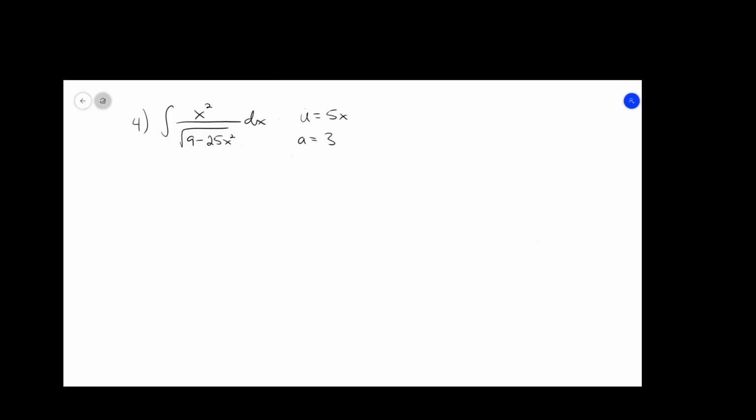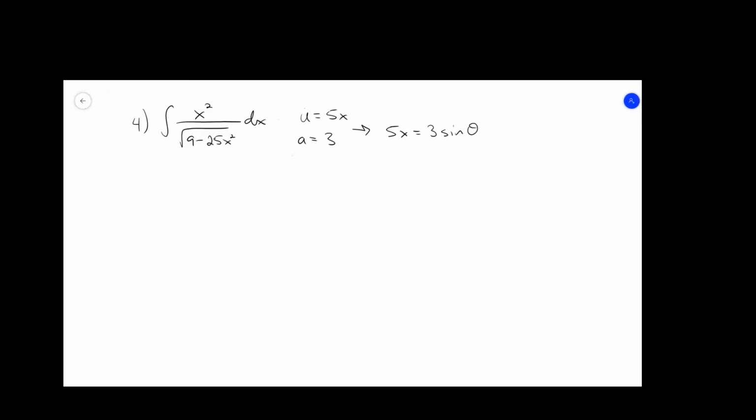And again, this is just for identification purposes, because now I know that the thing that I'm saying u is, 5x, is what I have to set equal to a sine theta. In this case, since it's a squared minus u squared, this is a sine substitution, so I'd say 5x is equal to 3 sine theta. Does everybody kind of see what I'm talking about there when I say identify what u is?